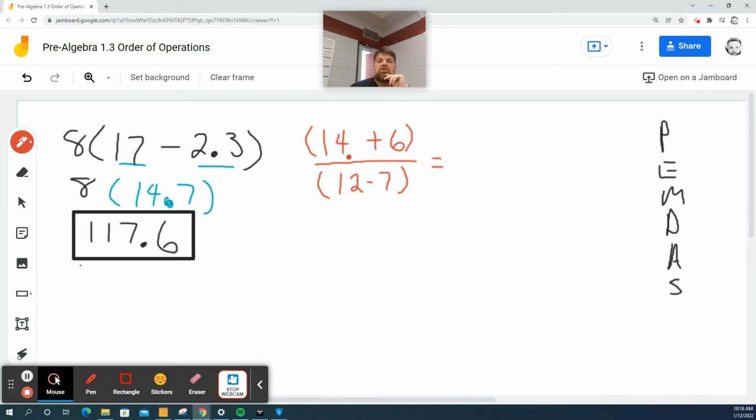So what's 14 plus 6? 20. What's 12 minus 7? 5. Now remember that this is the same as 20 divided by 5. So that would be what, 4? So that particular one is 4.